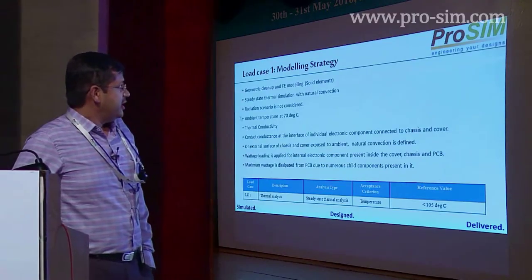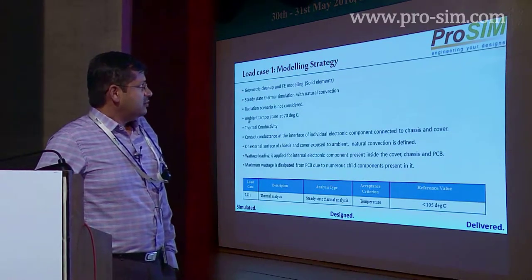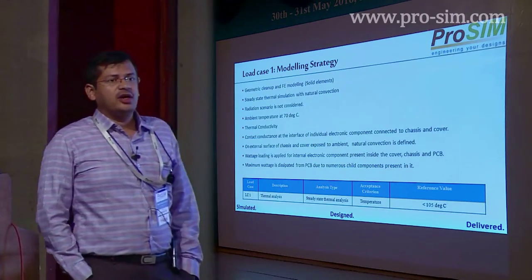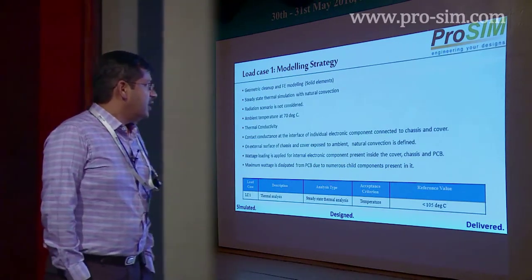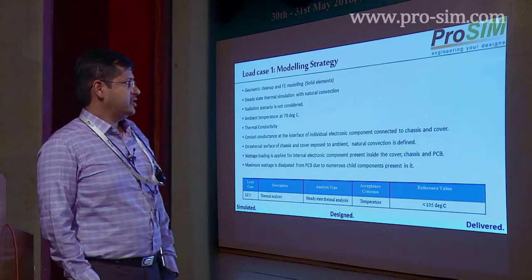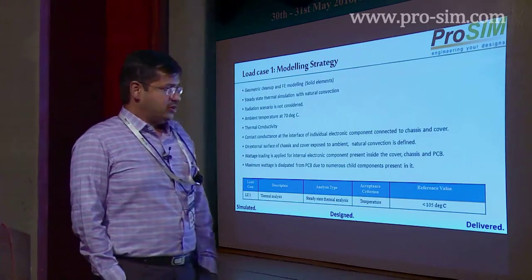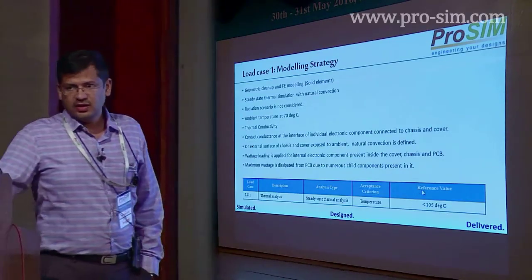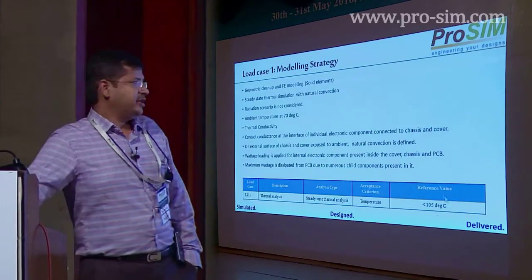We have not considered the radiation phenomenon, and the ambient temperature is 70 degrees centigrade. Conductivity and contact conductances are considered, natural convection is defined for the external surface, and wattage loading is applied on the electronic components in the key locations where the heat is generated.